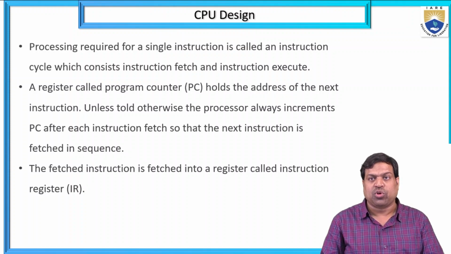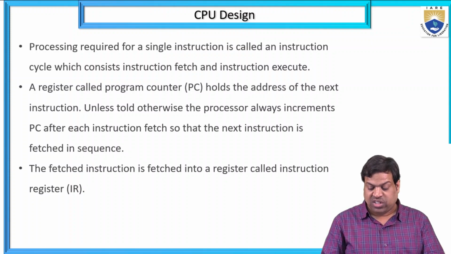A register called the program counter holds the address of the next instruction unless told otherwise. The processor always increments the program counter after each instruction fetch so that instructions are fetched in sequence. The fetched instruction is loaded into a register called the instruction register, IR.